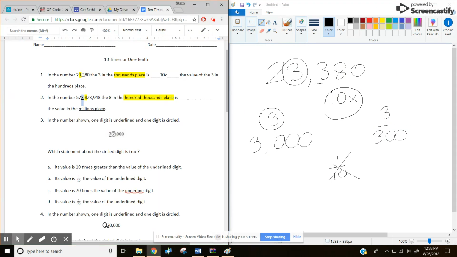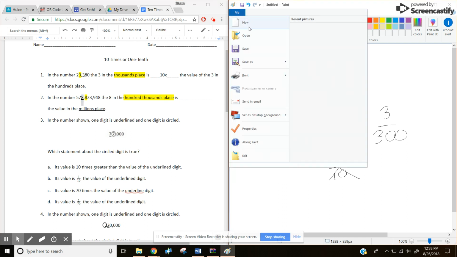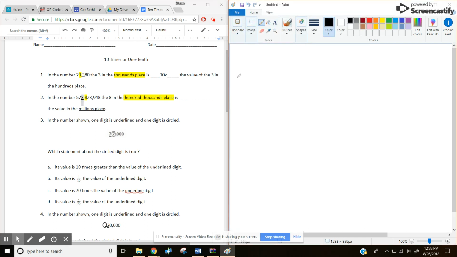Okay, I'm going to go back to Paint. Okay, I'm going to rewrite the standard form. So it's 578,823,948.